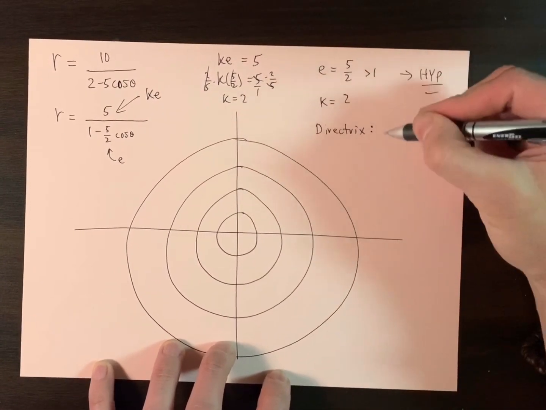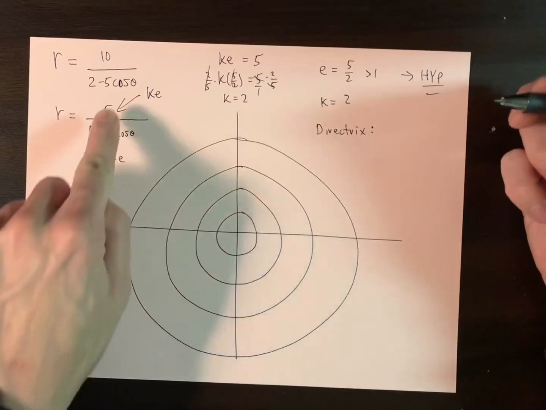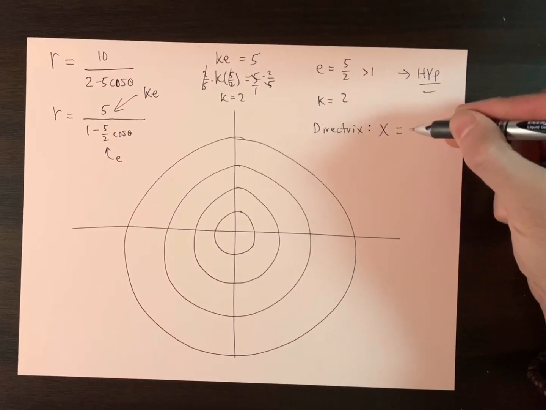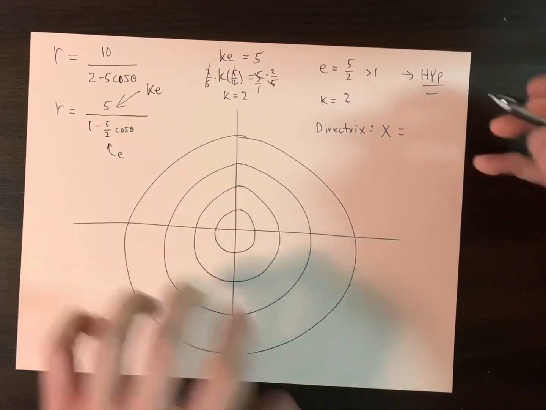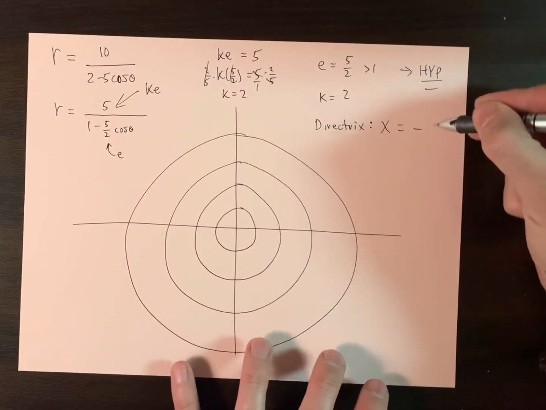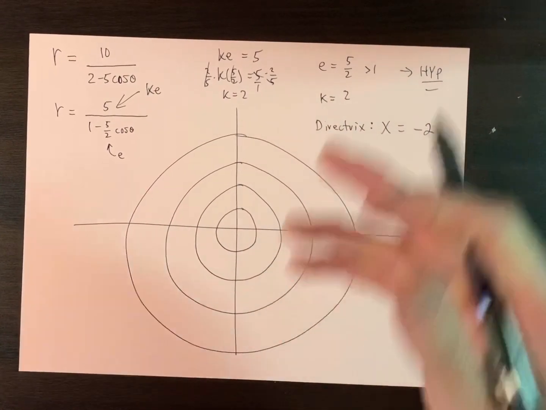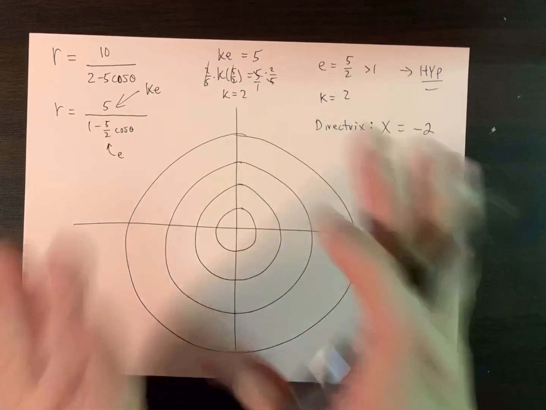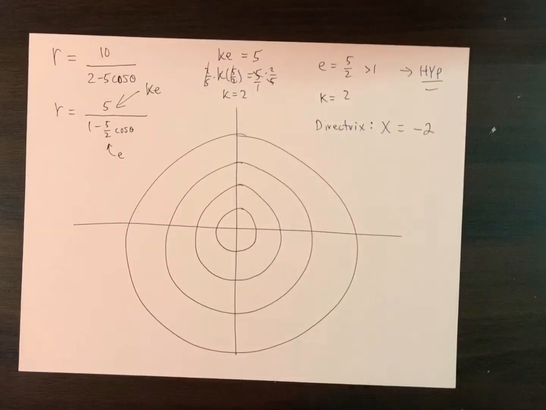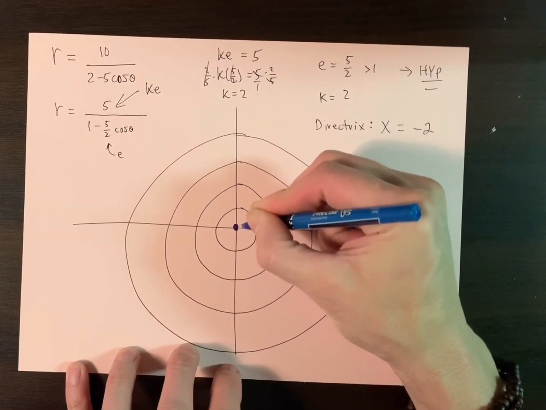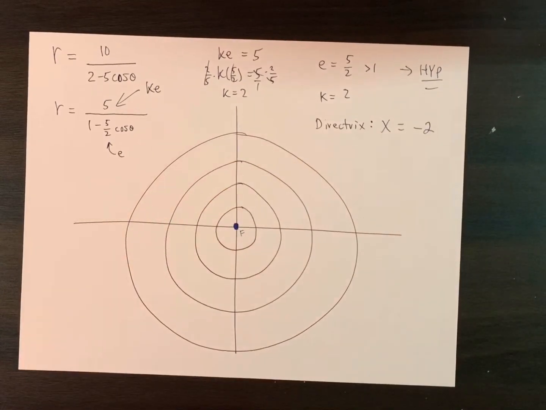What about the directrix? Is the directrix X or is it Y? Anytime it's cosine, it's going to be X. Is it positive or negative? You keep the symbol, it's negative, and just copy and paste the value of K. There we have it. So maybe we can start to make the graph, okay? We remember that at the origin, you have a focus.